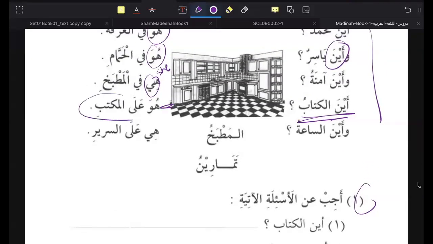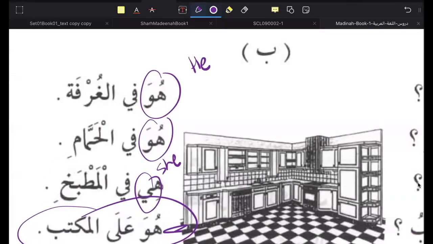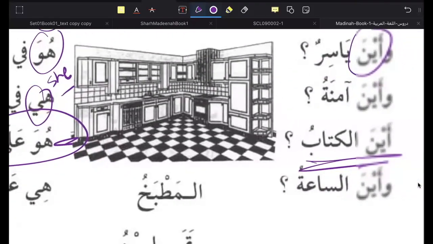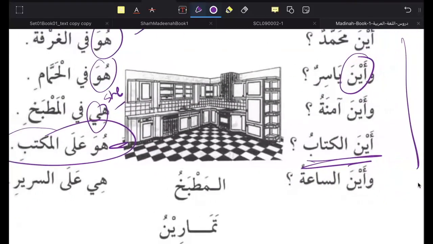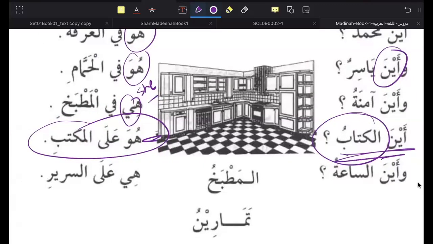Huwa ala al-maktab. Okay, so there is another thing I have to explain. I just said that huwa is he and hiya is she. So how's that working here for us with that explanation? We have aina al-kitab, where is the book? Do we say in English, he is on the desk? So we have a problem now, right?